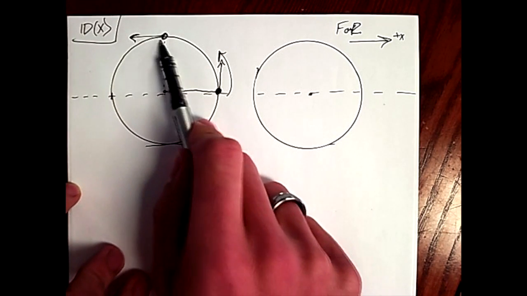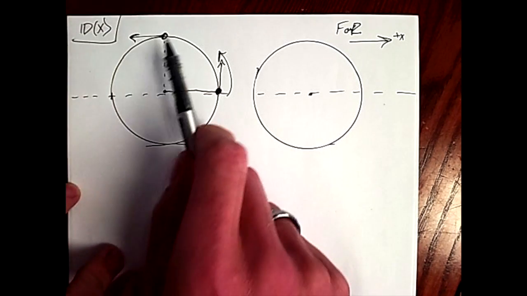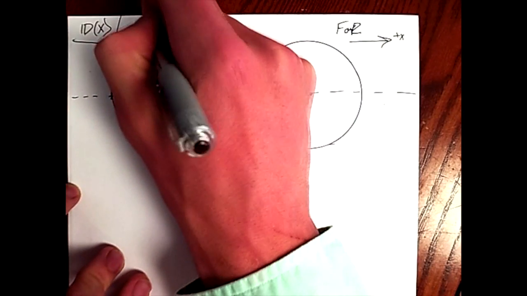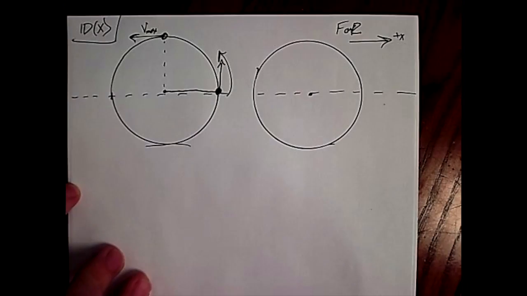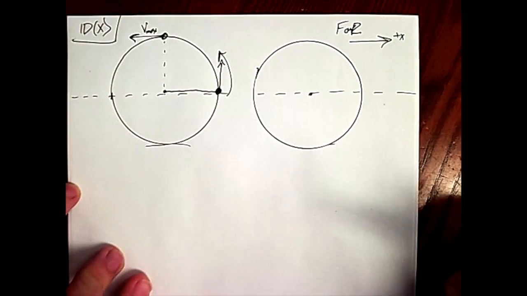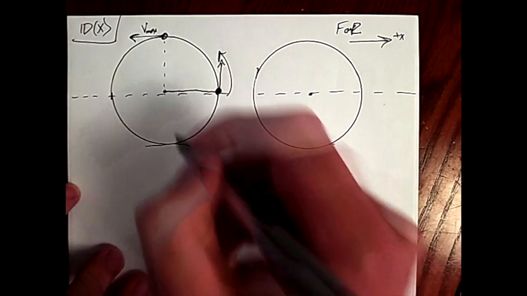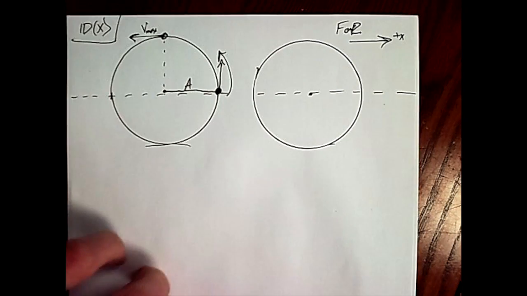At this point, it is not displaced from the center, which means it has a maximum value. So this is my V max with my maximum kinetic energy. And then I move over here to my negative amplitude, and I repeat as I go around, right? And so that makes the radius the amplitude.